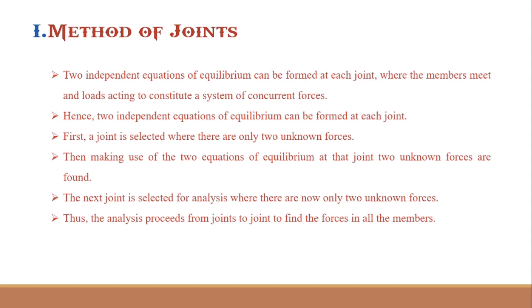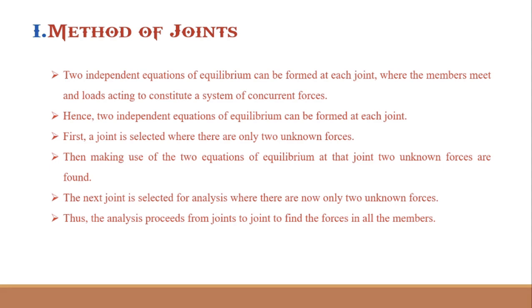Then, making use of the two equations of equilibrium at the joint, two unknown forces are found, by using the two equations of equilibrium, which is a corresponding process.